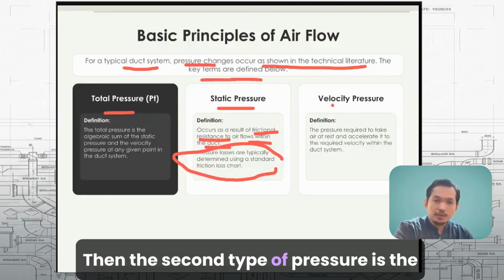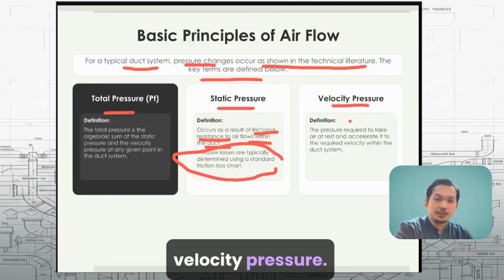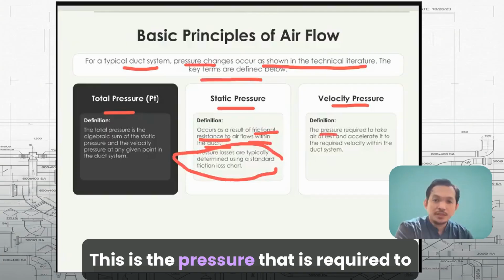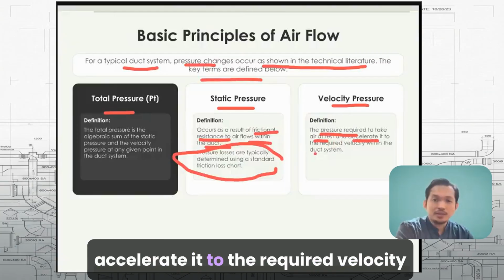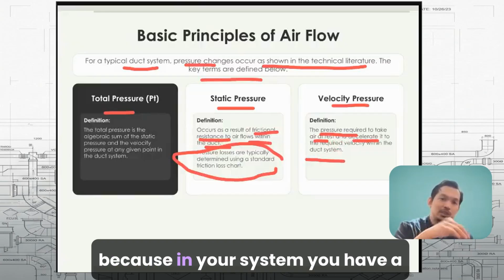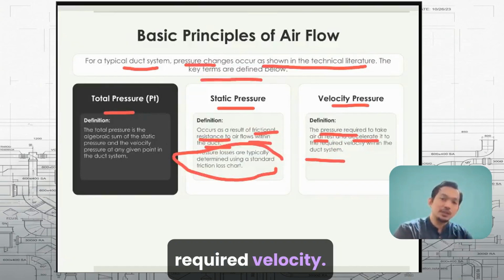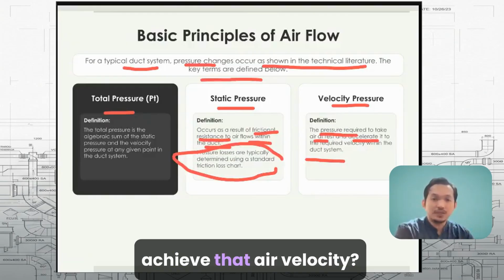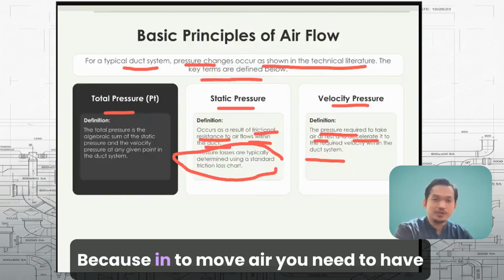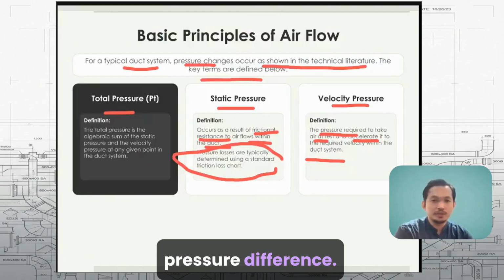Then the second type of pressure is the velocity pressure. This is the pressure that is required to move the air from rest and to accelerate it to the required velocity, because in your system you have a required velocity. So what is the pressure to achieve that air velocity? Because to move air, you need a pressure difference.